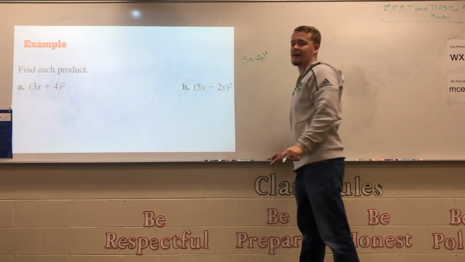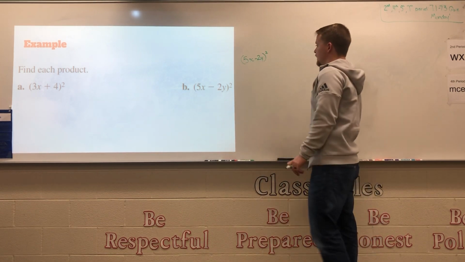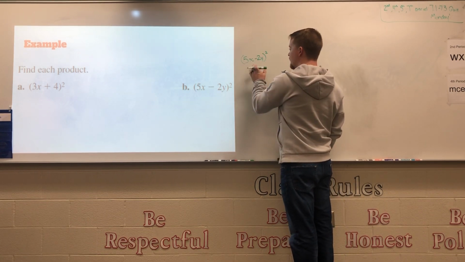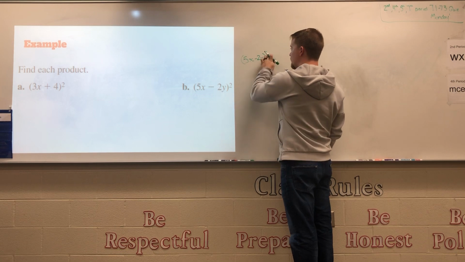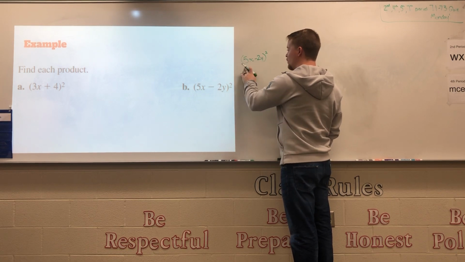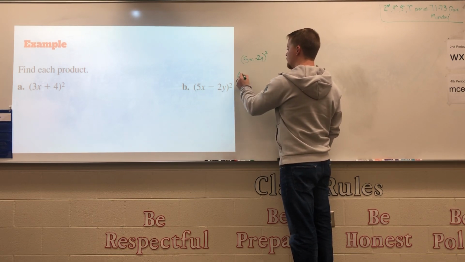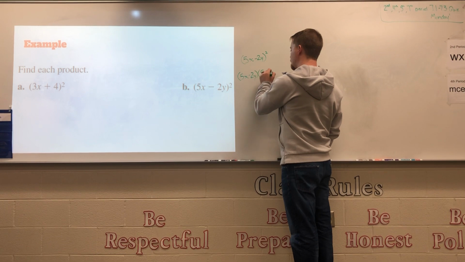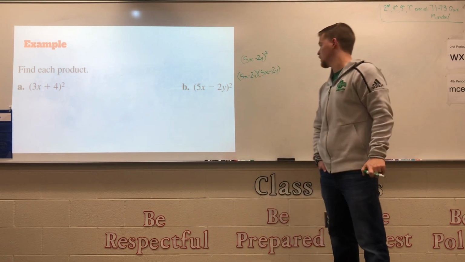Okay, hopefully you've tried that. Again, you need to split this up into 2 binomials because that's what that power of 2 represents, that you have 2 binomials being multiplied here. 5x minus 2y and 5x minus 2y. That is what we're working with here.